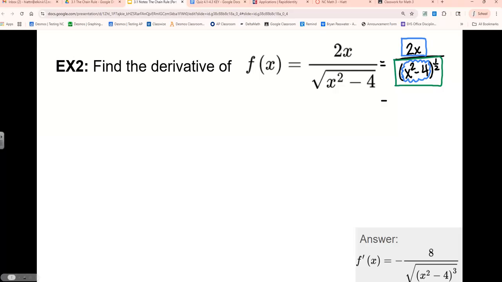So if I take the derivative using the quotient rule, it is low d high minus high d low all over low squared, right? So low is going to be the x squared minus 4 to the 1/2 power. Don't take the derivative of it, it's just that, times the derivative of the high.